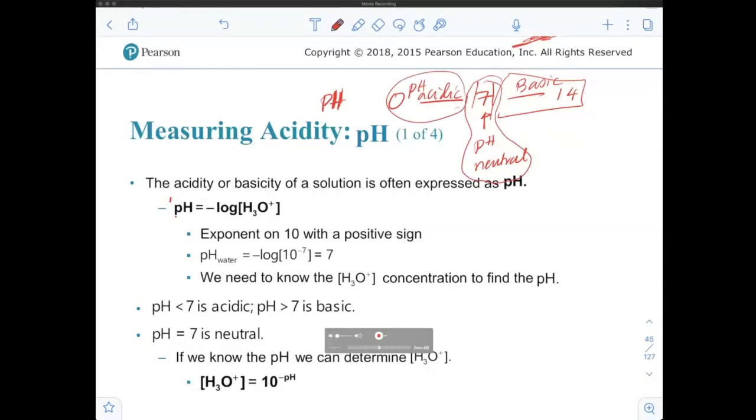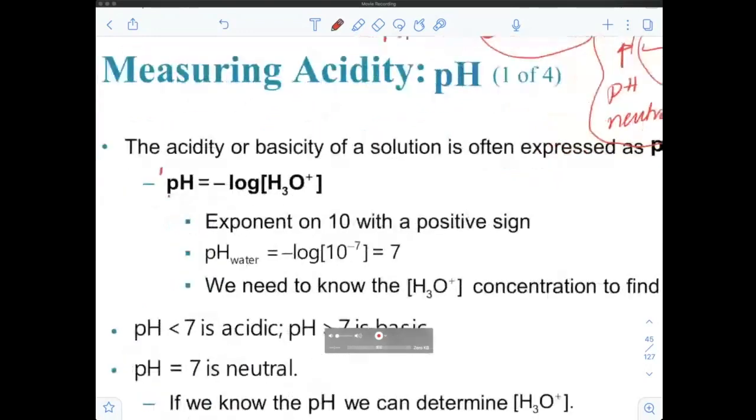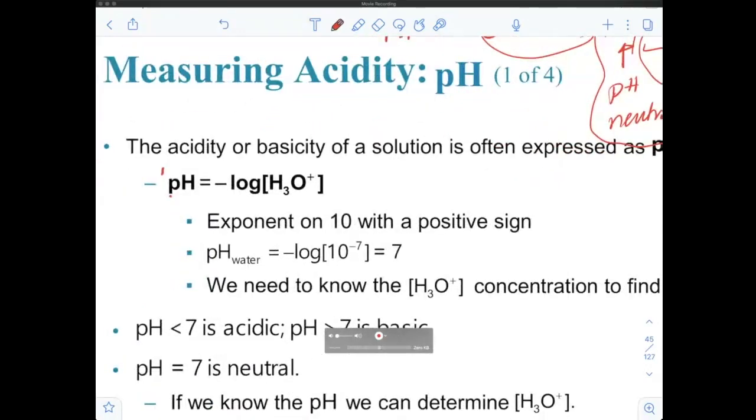But exactly how do we get those pH values? The pH values, by the way, are never negative. How do we calculate the pH value? In the solution, when the hydronium ion is released by an acid, the negative log of that hydronium ion gives you the pH value, a positive value that we can use to judge the acidity of the acid.